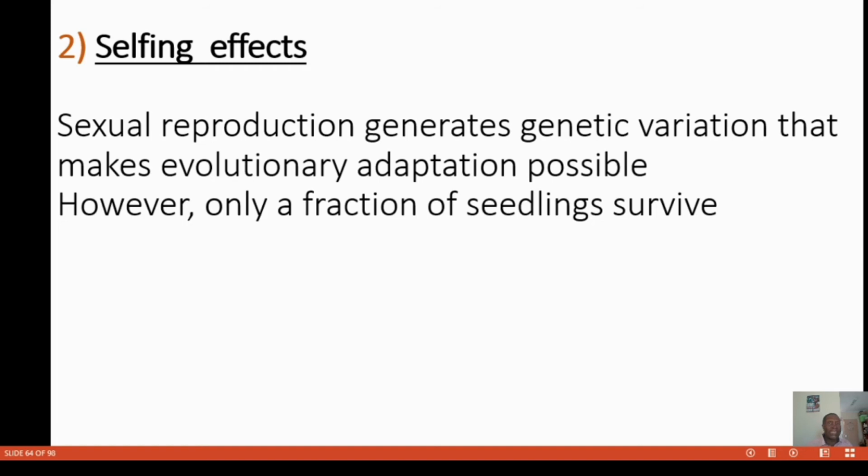So sexual reproduction generates genetic variation that makes evolutionary adaptation very possible. And as I mentioned before, that evolutionary adaptation is what is referred to as fitness, adaptive fitness.